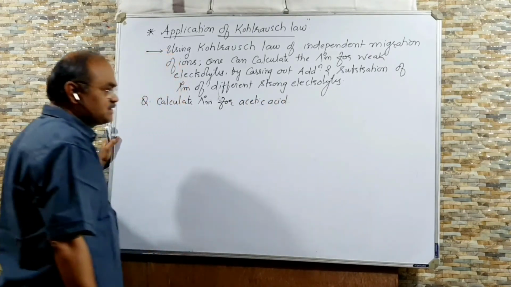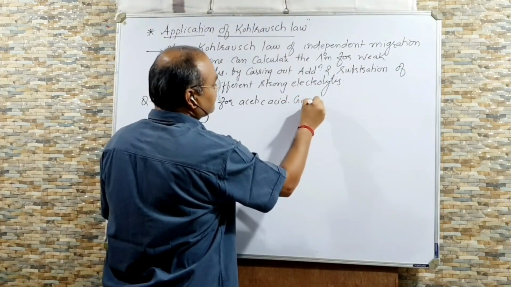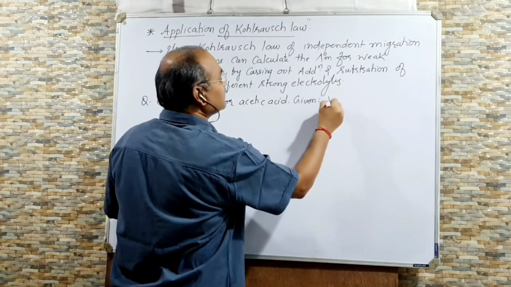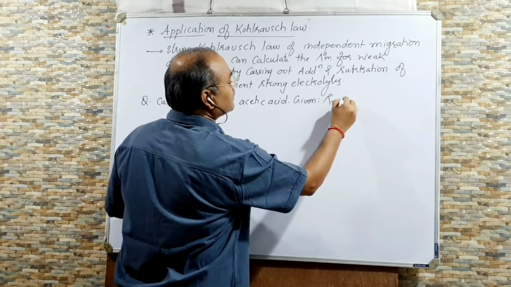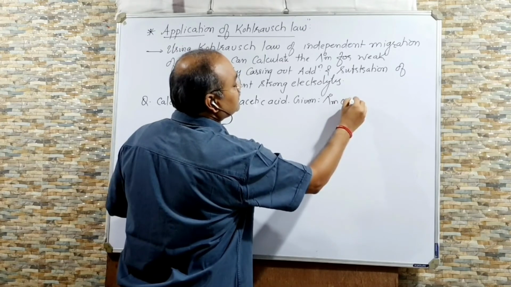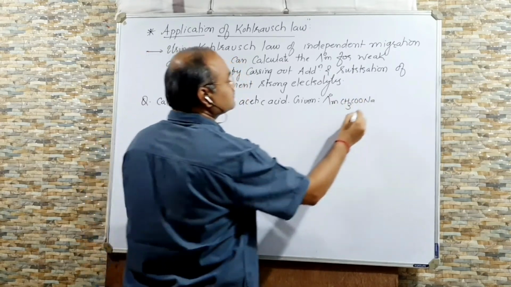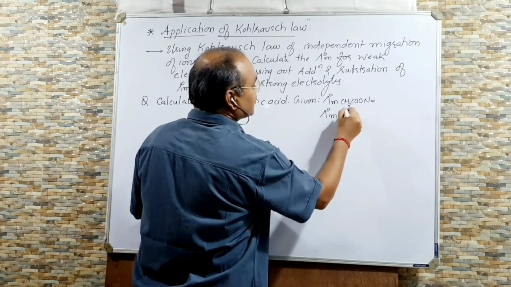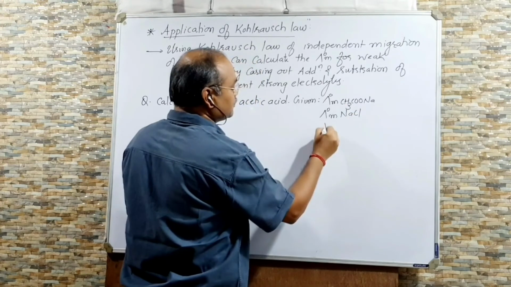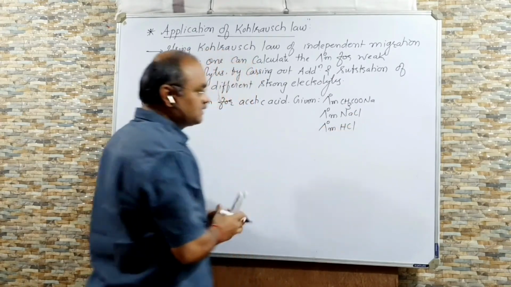You all know acetic acid is a weak electrolyte. You will be given lambda 0 m for sodium acetate, lambda 0 m for NaCl, and lambda 0 m for HCl.